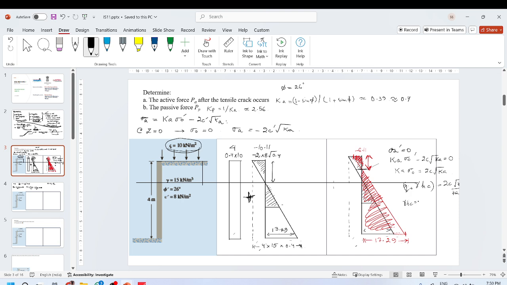So gamma hc equals 2c by root Ka minus q. Hc is 2c by root Ka minus q over gamma.